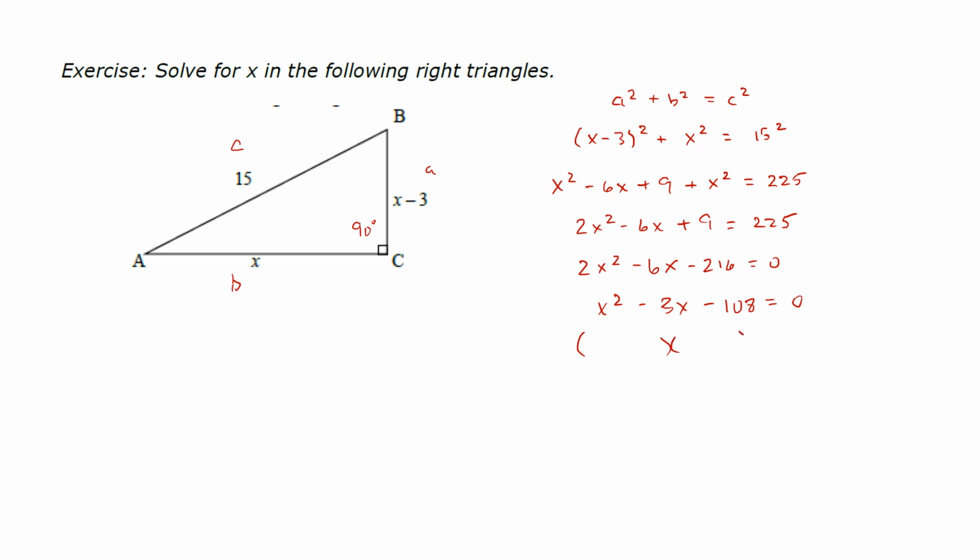Okay, so I know I have x, so I need two values that multiply to get negative 108 and add to get negative 3. So that will be 9 and 12. And 9 would be positive, and 12 would be negative. Okay, so now I can set each factor equal to 0.